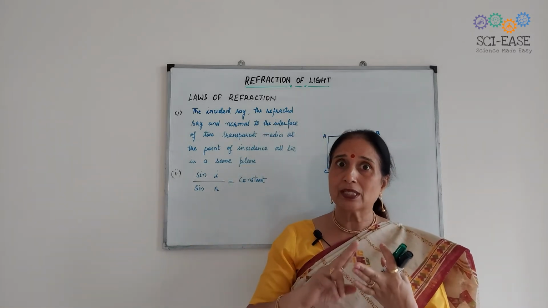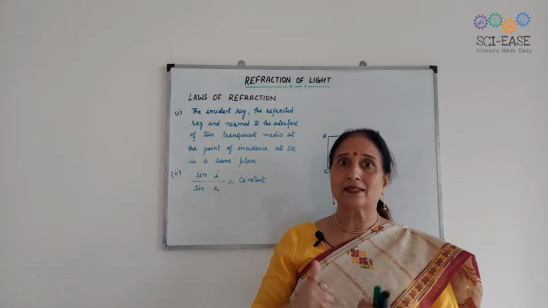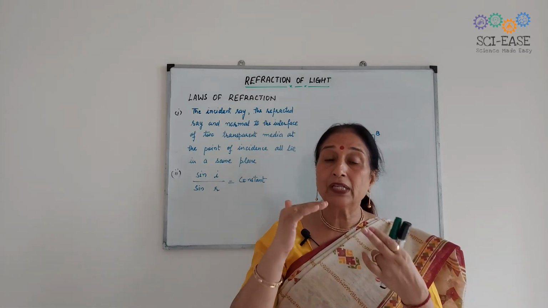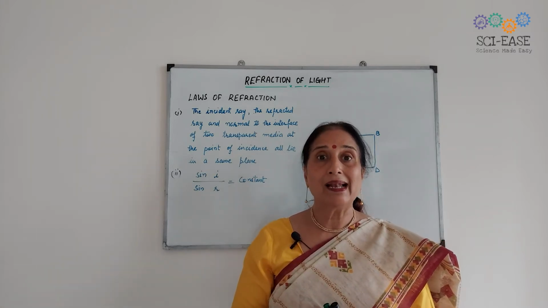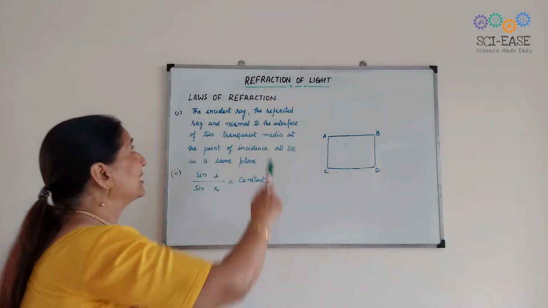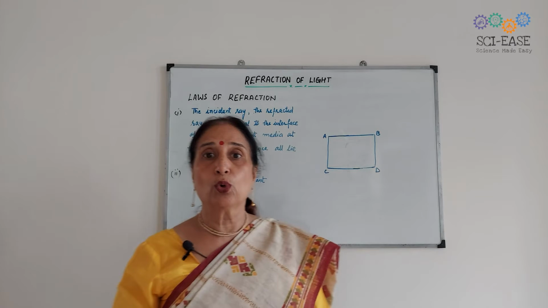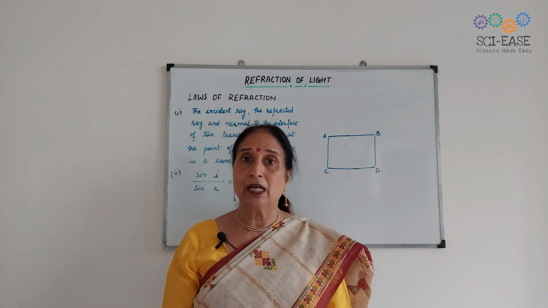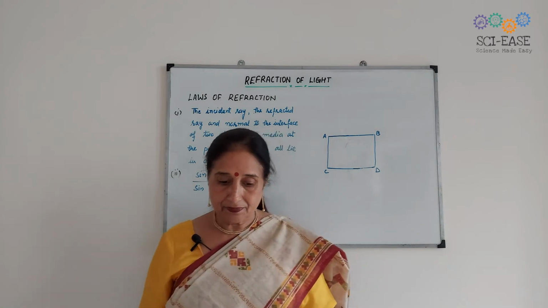The velocity of light will decrease in water and glass. So my topic in this video is refraction of light, and I have told you many examples which we come across in our day-to-day life.